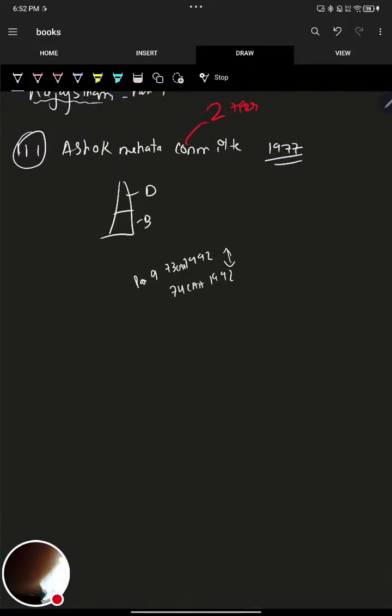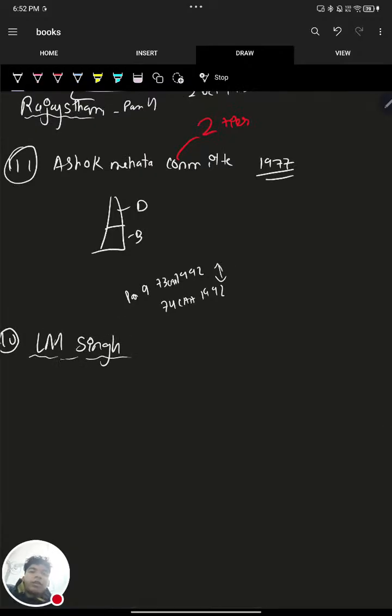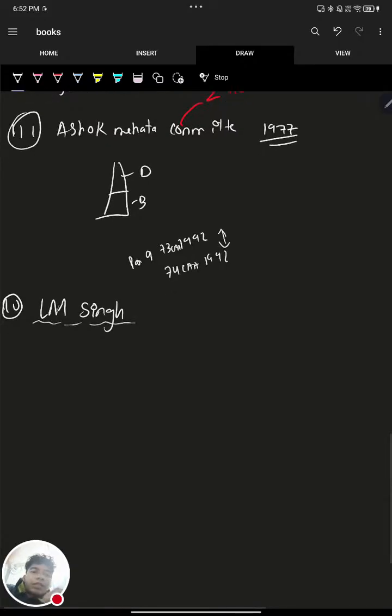Then the main committee is the LM Singh committee. As I was telling you, the constitutional status to Panchayati Raj was proposed by the LM Singh committee in 1986.